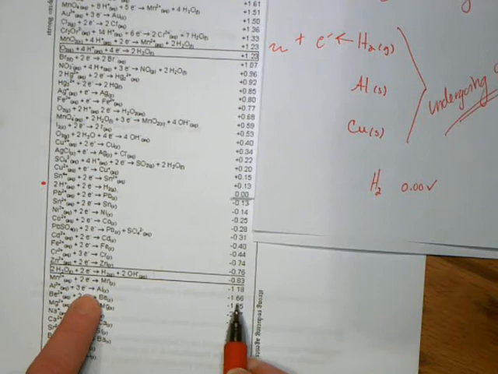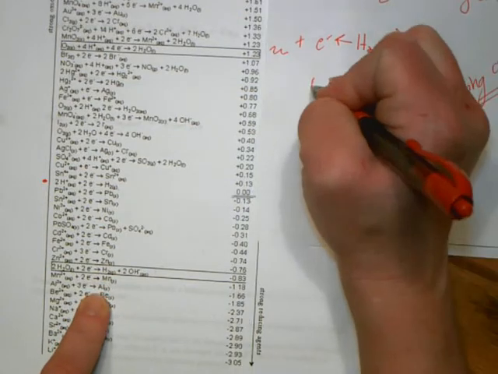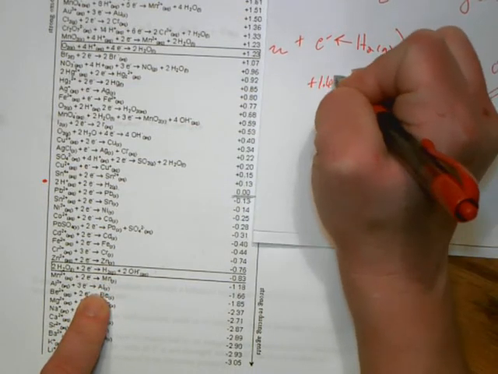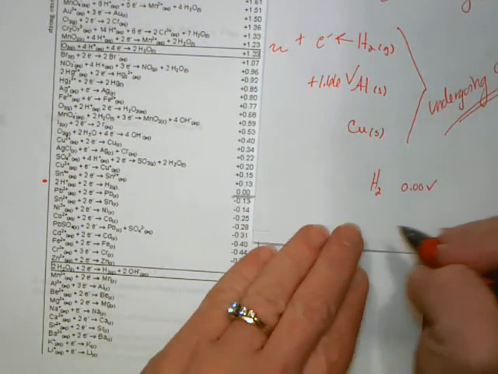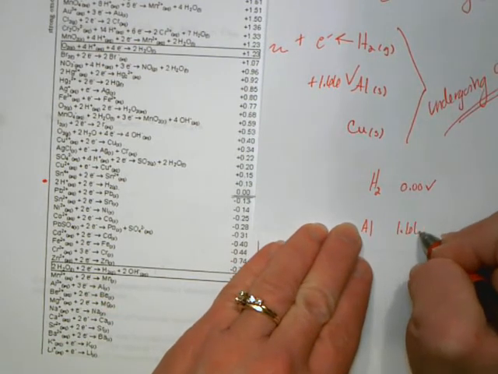But this negative 1.66 volt is describing the reduction. We need to describe the oxidation. So we need to flip this, which we know will flip the sign. So this gets a positive 1.66 volts. So far, aluminum, 1.66 volts.